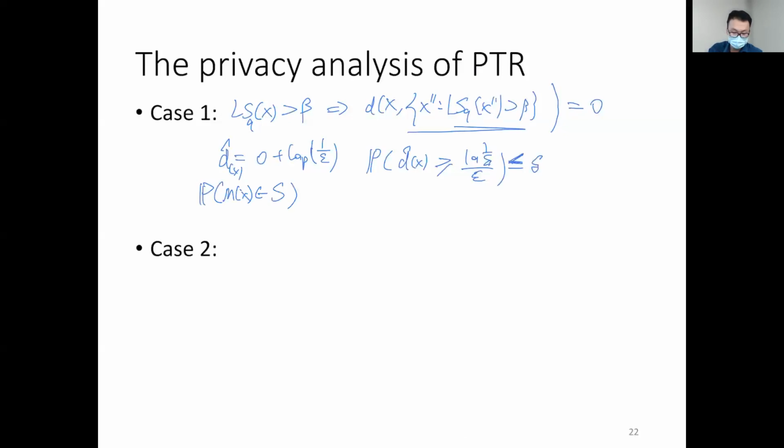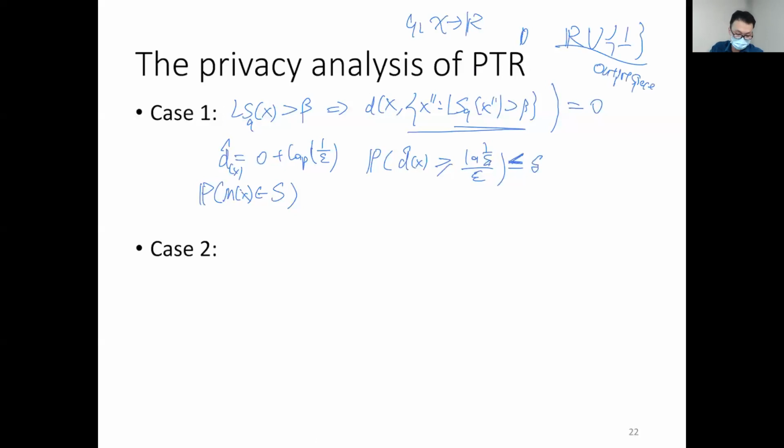Let's say Q maps from the space of data sets to the real values. Then the output space is the union of R with the possible choice of perp, which is the "I'm not answering" output.